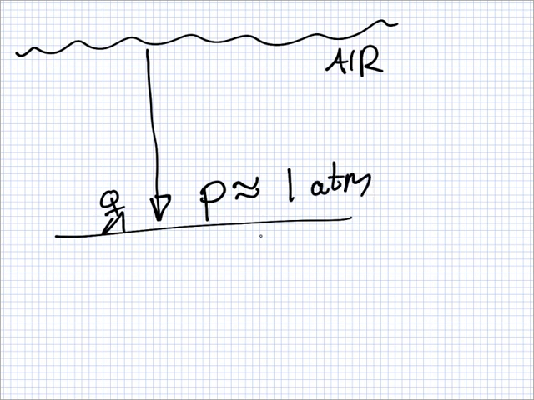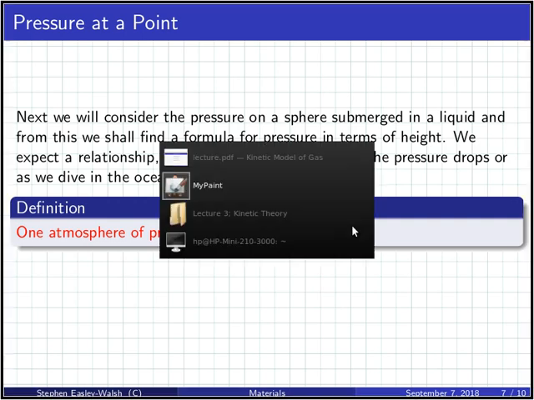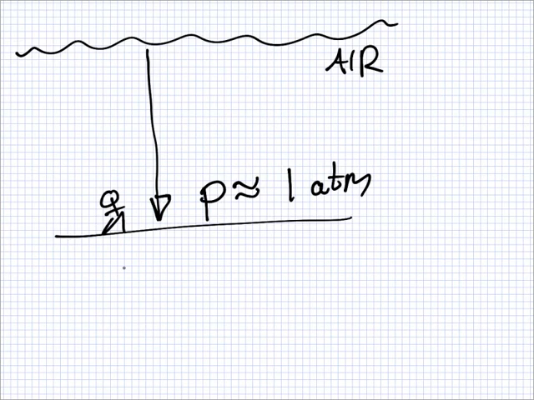And it's actually a pretty big number. 1 atmosphere of pressure is 101 kilopascals. Now, think about how big that is. That means for you, the pressure on your body is 101,325 newtons per meter squared.